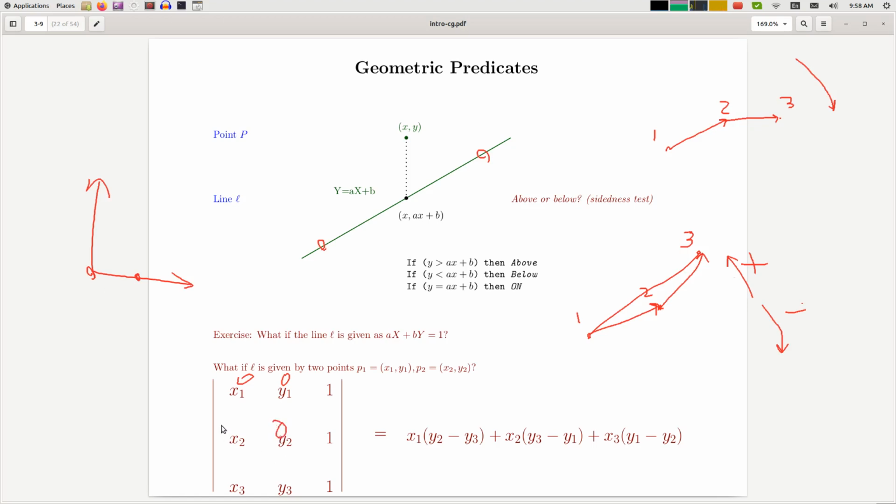So you put 0, 0, and 1 here, and if we put 1 here, then the sign is going to be determined by y3, and x3 is 1, and these two are 0. So essentially, if y3 is positive, this is going to be positive, which means that we have a left turn. So left turn is positive, a right turn is negative.